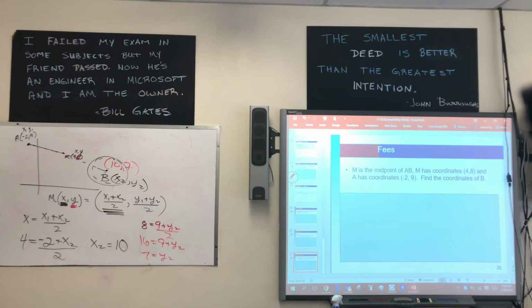And then we'll go back to what I said before I started doing the problem. My x value should be bigger than 4. Is it? Yep. My y value should be smaller than 8. Is it? Yeah. So that's giving me some confidence that I've done things correctly. Okay? If you want to go a step further, make sure that you did it correctly, you could maybe find the distance of that using distance formula. Make sure you equate to one another, and that will tell you.